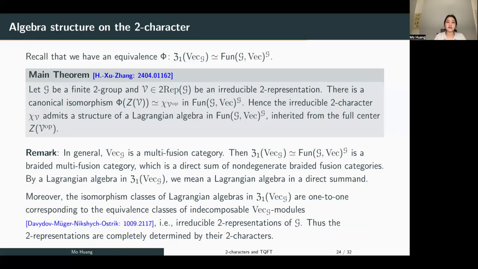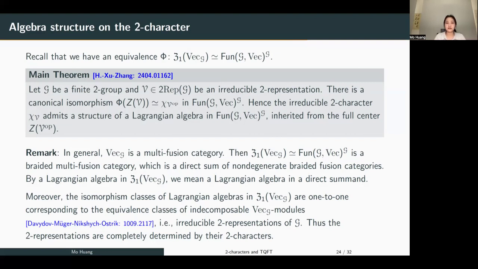Recall that we have an equivalence from the Drinfeld center to the G-equivariantization of this functor category, and then we obtain our main theorem by direct calculation. Let G be a finite 2-group, and V is a 2-representation that is irreducible.